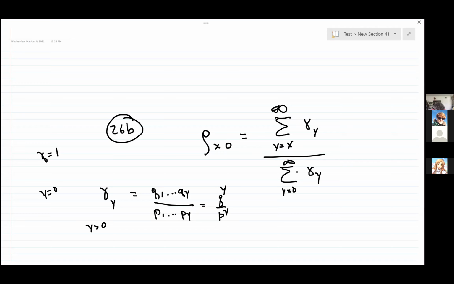So it looks like the summation from y equals x to infinity. Gamma y looks like this. So that's q to the y, p to the y. And on the bottom it's similar. Here you go from 0 to infinity.